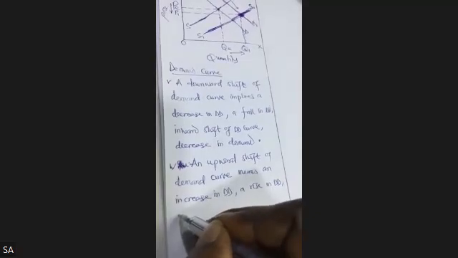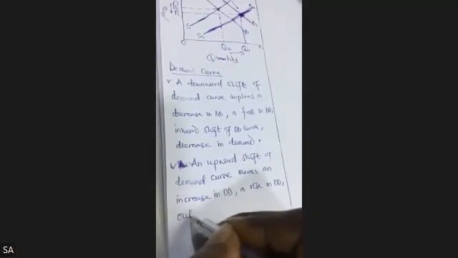This is inward, so this will be outward. It means an outward shift of the demand curve. So that's what it means.